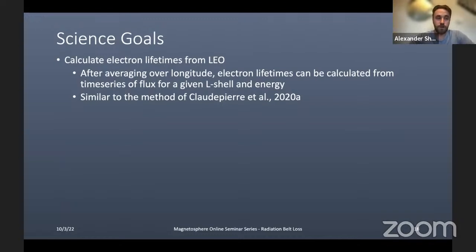This will give a time series of flux for a given L shell and energy, just like the Claudepierre 2020 study, and we will calculate lifetimes with a similar methodology. Claudepierre did use daily averages, and as I mentioned, we are using 12-hour interpolation windows, so we will have the freedom to expand those windows and include more REACH and POES data if 12 hours is too short.